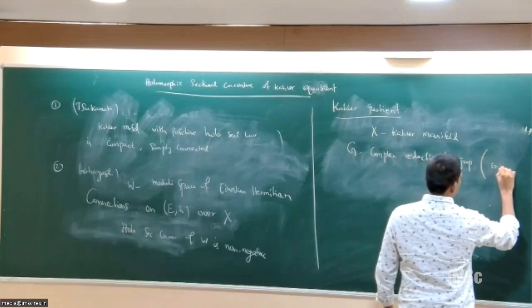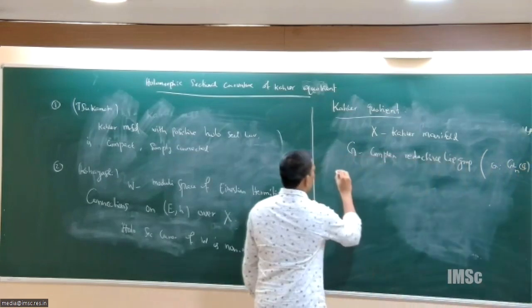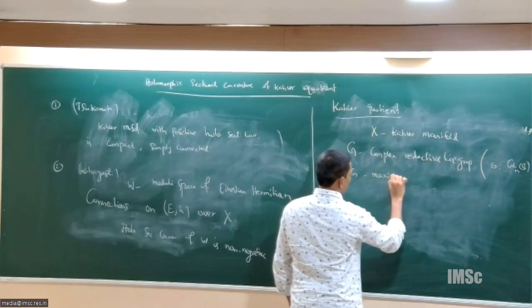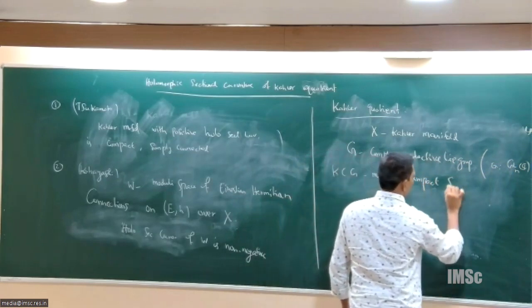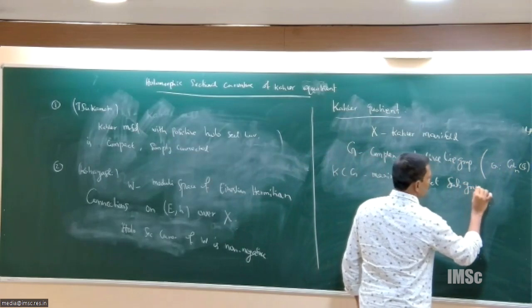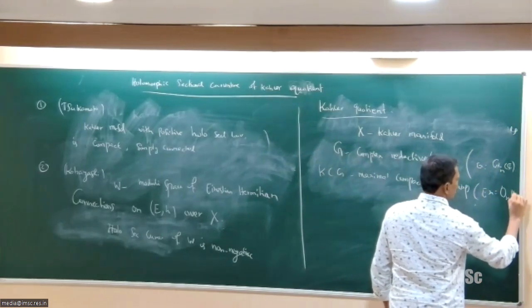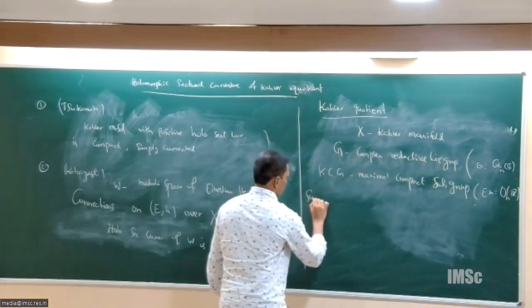Example, the general linear group GL_n(C), and K is a maximal compact subgroup. Example, the orthogonal matrices, real matrices.